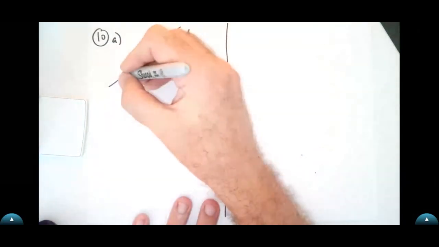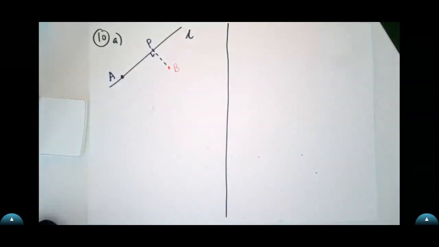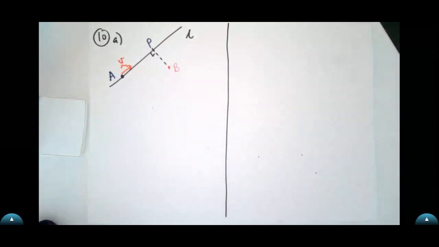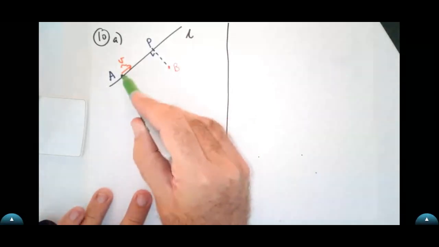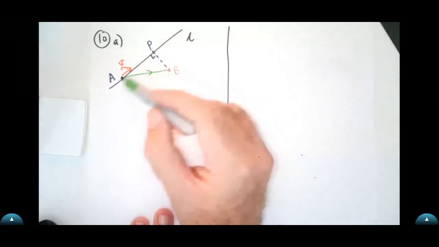Now, I do know a point on the line, and I do know a vector that is parallel to the line. So what's very common in these kinds of problems is you connect these two points, and then you have a right-angled triangle.